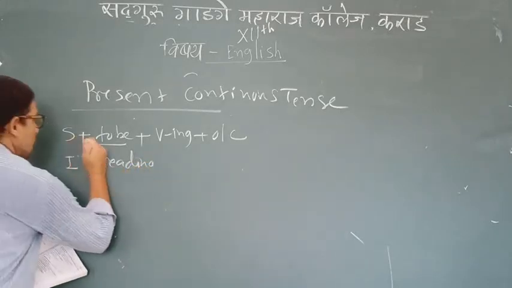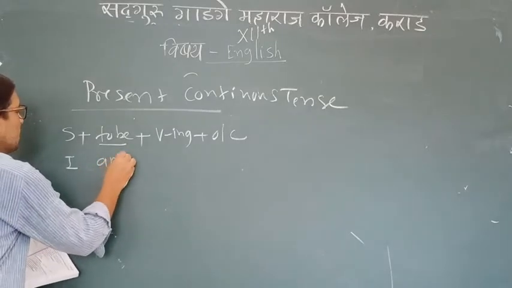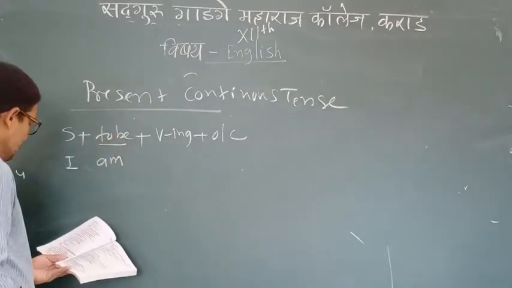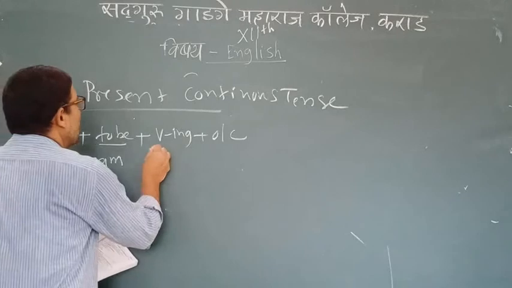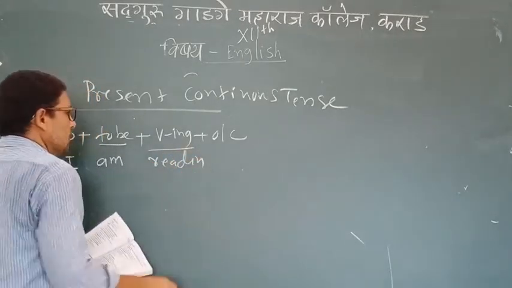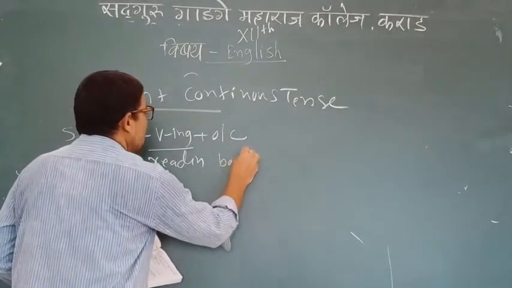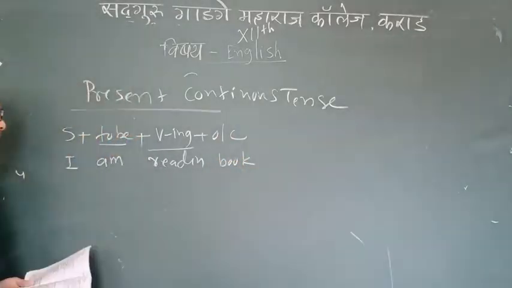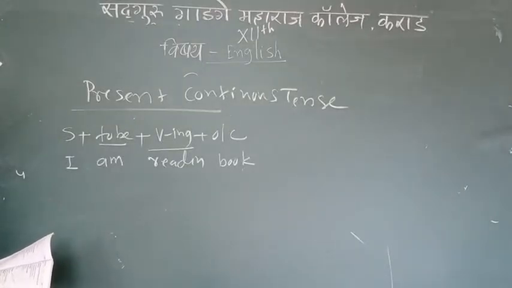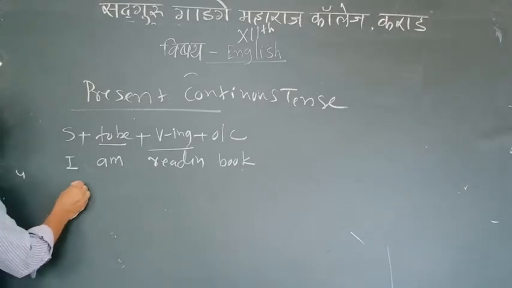Then the verb reading and the object, which is book. What am I reading? A book. I am reading the book. This is the formula of the present continuous tense. The next sentence: She is cooking in the kitchen.